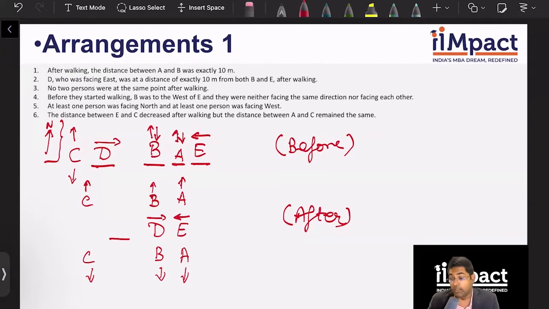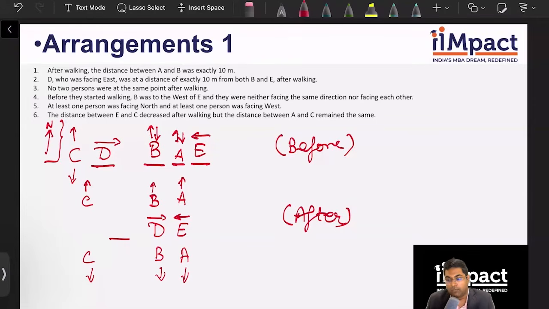Now there is one more condition which we are yet to fulfill. Clue number 5: at least one person was facing north and at least one person was walking west. E was walking west, that is clear. What we have established is A, B, and C are all moving the same direction. A because of B and C because of A. Do we agree with that?